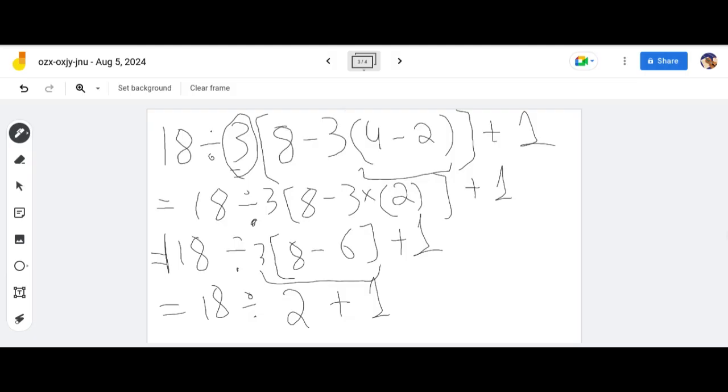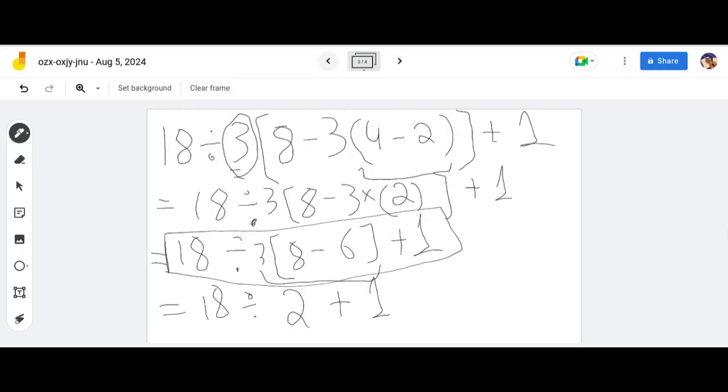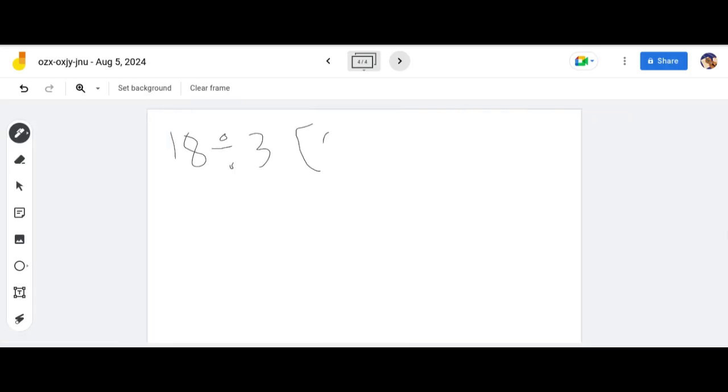Simply, if I have to start from this equation, like 18 divided by 3, then we have 8 minus 6 and plus 1. Okay, now I have to do the 18 divided by 3. 8 minus 6, 2.